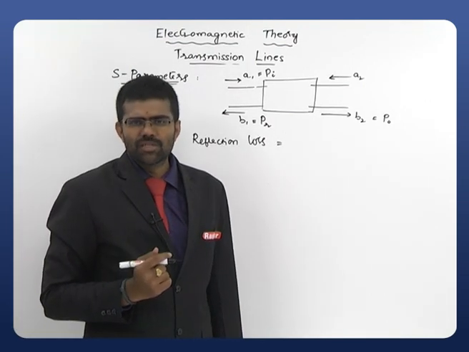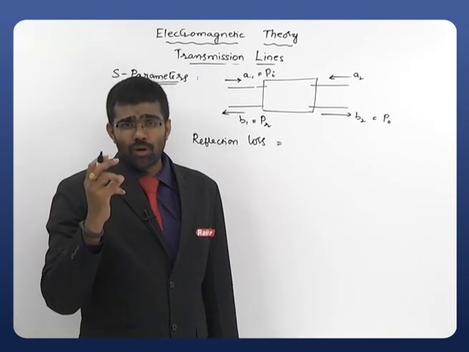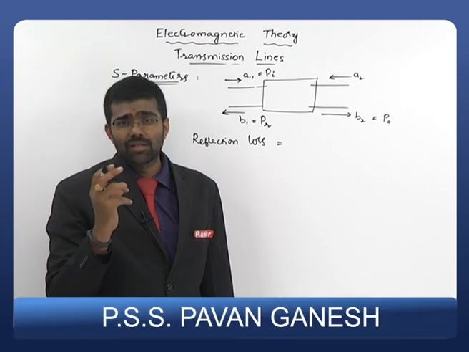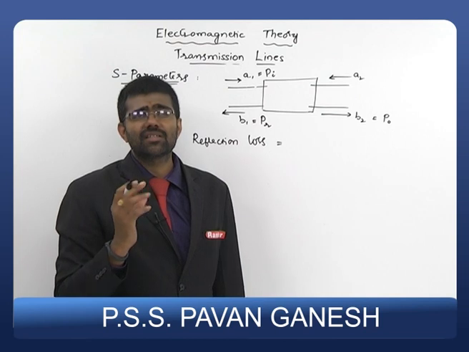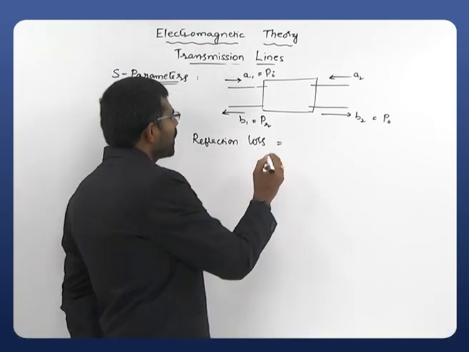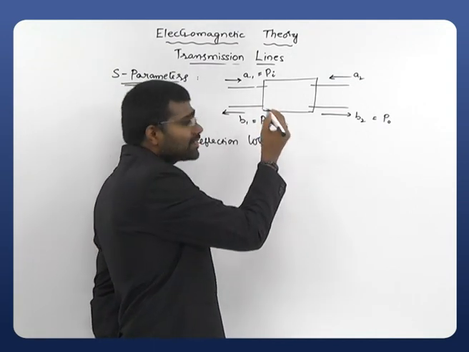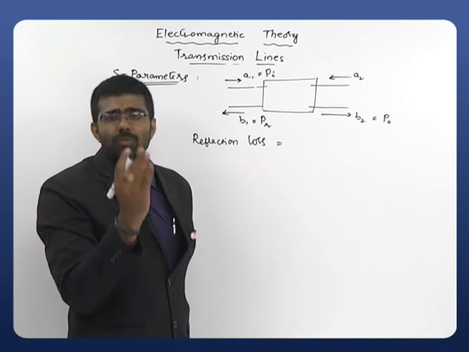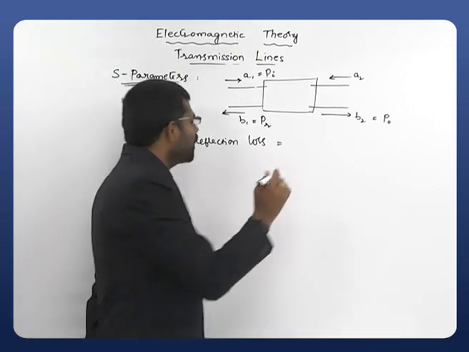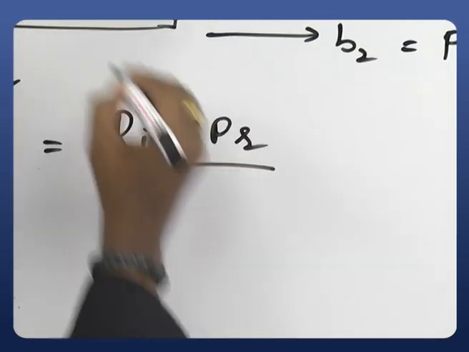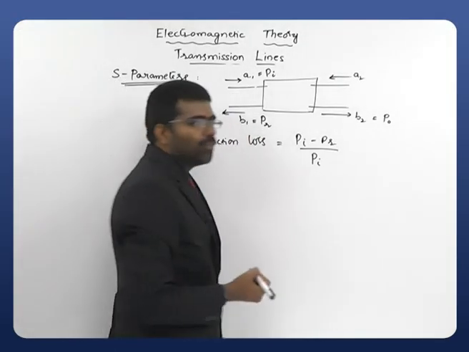How is the reflection loss defined? Basically, how much amount of power was reflected and how much amount was lost can be observed using this reflection loss. Simply it is defined as the total transmitted power to the incident power. So what is the total transmitted power? As we discussed earlier, the total transmitted power is nothing but Pi minus PR, right? So Pi minus PR divided by the incident power, which is Pi.